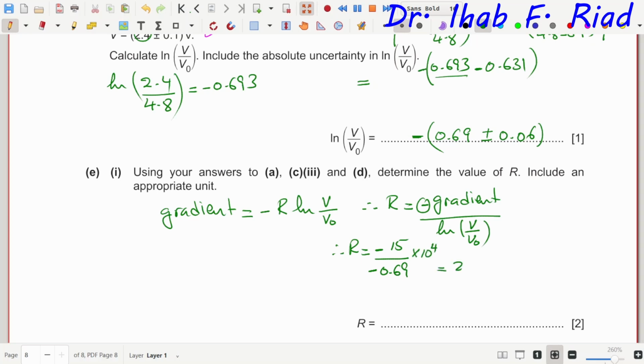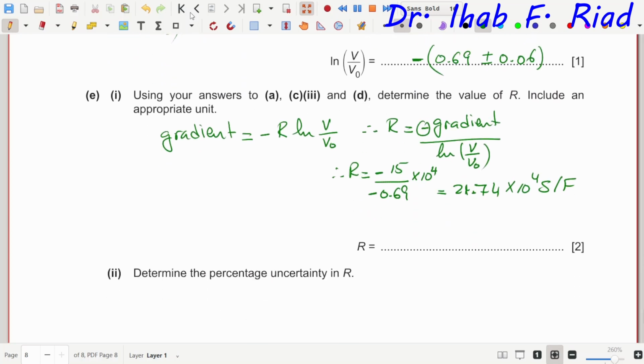Then it is 21.74 times 10 to the 4 SF. Okay, so R is 21.74 times 10 to the 4 second farad. Okay, this is what we got.